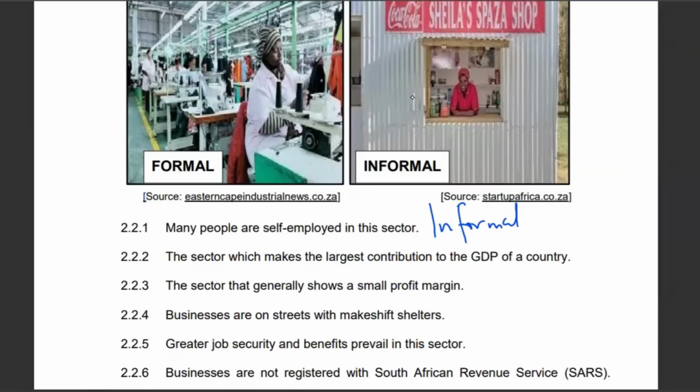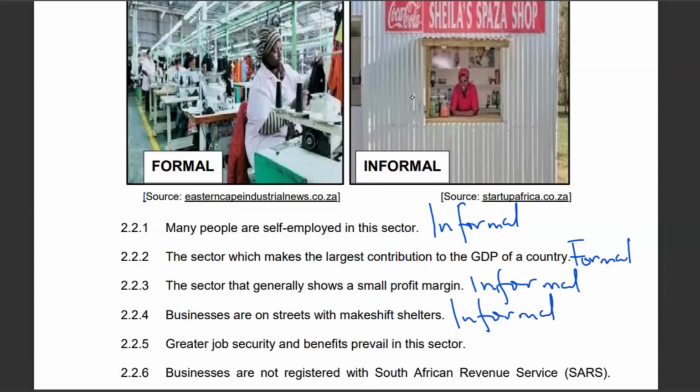The sector which makes the largest contribution to the GDP of a country is formal, the registered businesses. The next one is saying the sector that generally shows a small profit margin. A small profit margin is realized in the informal. Businesses on streets with makeshift shelters, it's informal.